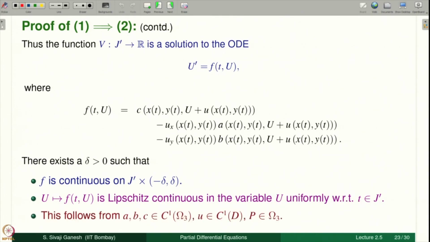And this follows from the smoothness of the A, B, C are C1 of omega 3 and u itself is a C1 function and P is a point in omega 3. Because of that we get such a delta, and I leave it for you to fill in the details.